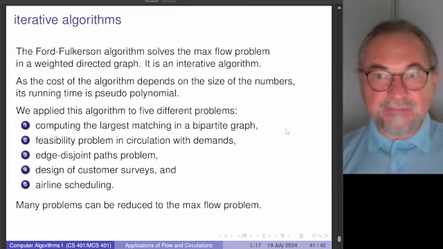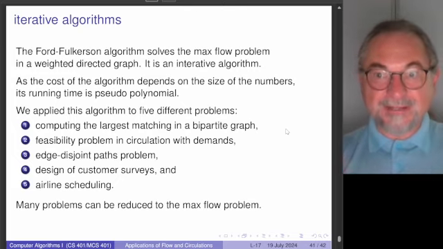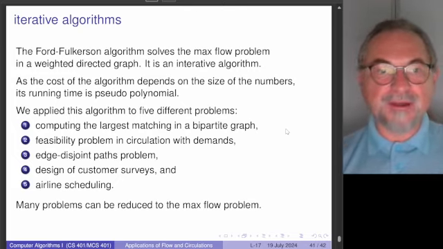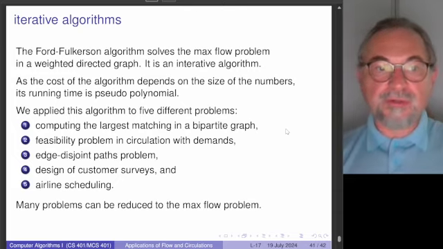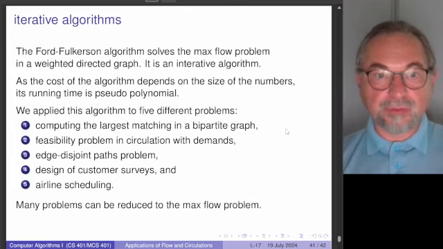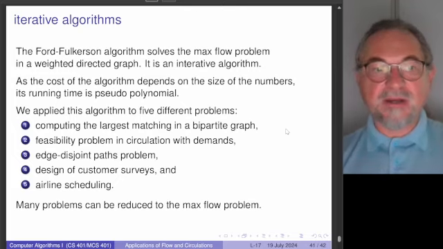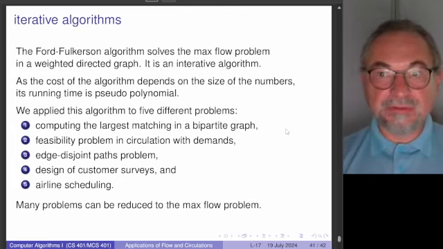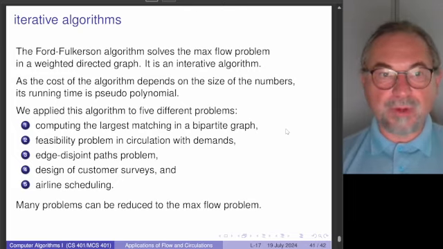We didn't have this anymore for the customer survey design, and then again we do have a strongly polynomial time algorithm for the airline scheduling. Largest matching was also strongly polynomial. Circulation with demands was pseudo polynomial. So this is an interesting connection between the problems, examples of problems that can be reduced to the maximum flow problem.